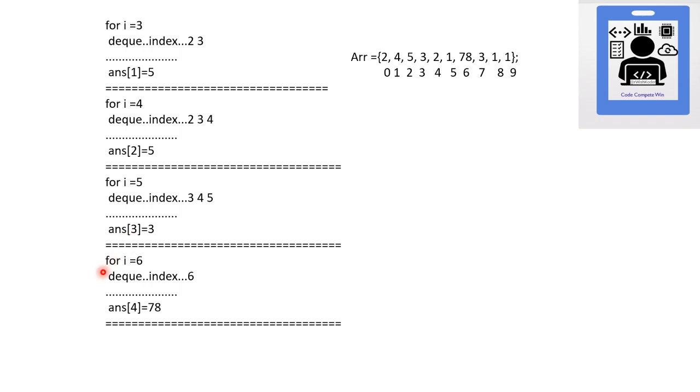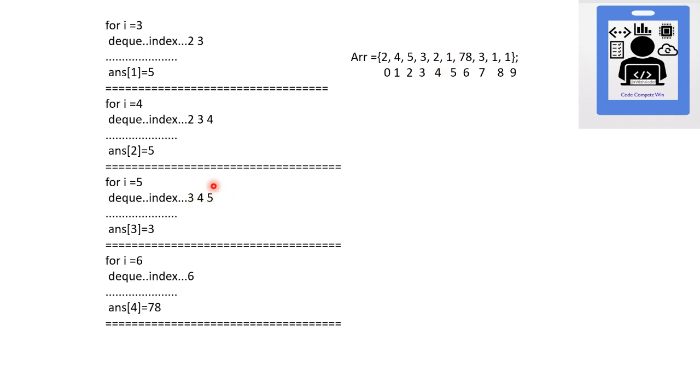And for i equals 6, we check. As you can see, the value at index 6 is 78, so we pop out index 5 because index 5 value is 1.